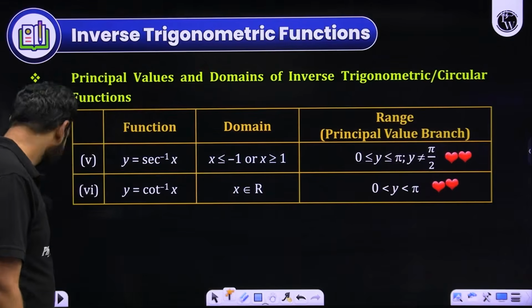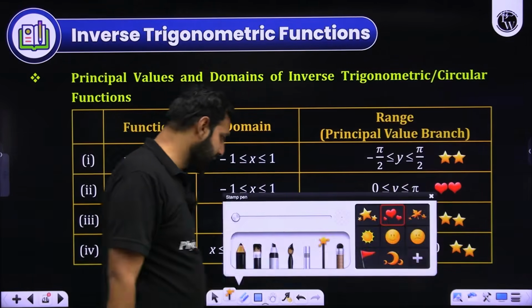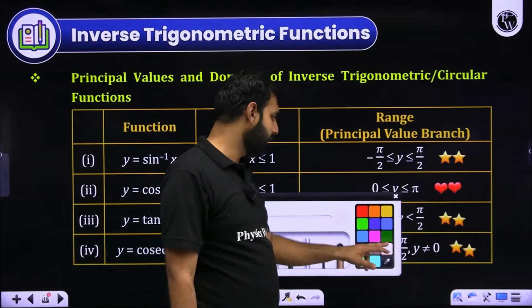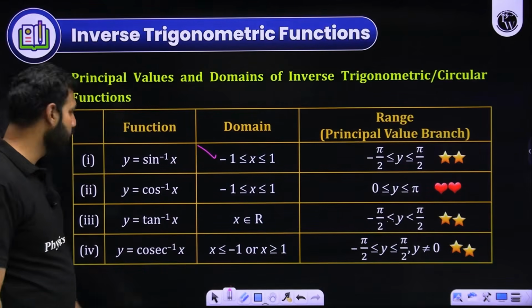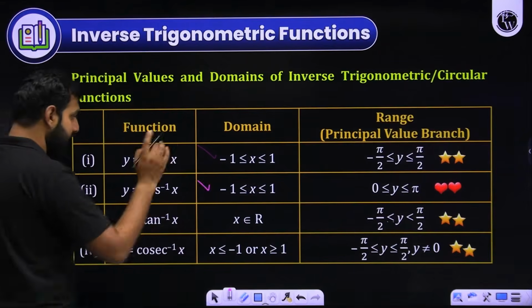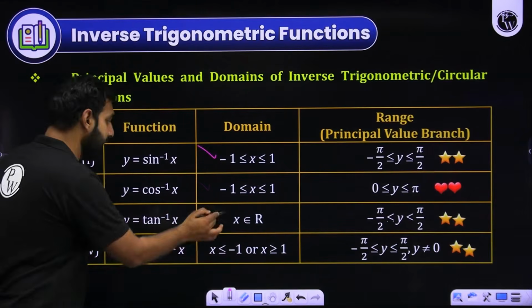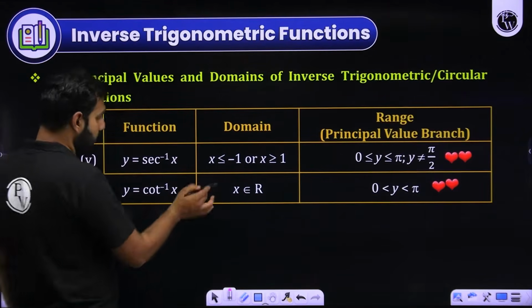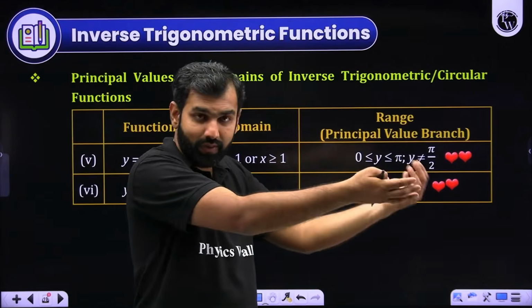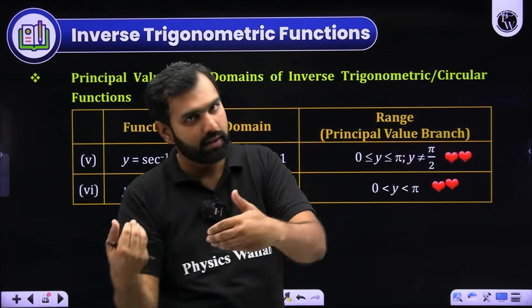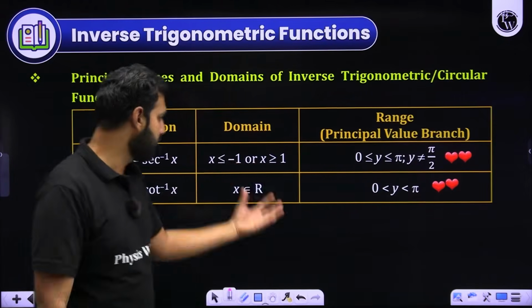Similarly, when you talk about domain, domain can very easily be understood here by using a very simple logic that yes, for sine inverse x, it is going to be minus 1 to 1. Similarly, for cos inverse x, it is going to be minus 1 to 1. For tan inverse x, it is all the real numbers. For cot inverse x, it is all the real numbers, because the range of the trigonometric functions is now becoming the domain of inverse trigonometric functions. I hope you remember that.